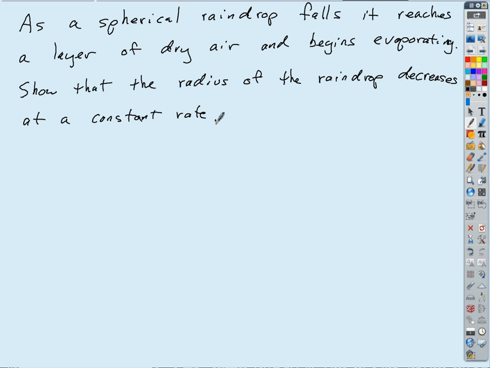Everybody agree that there's a lot more volume stored in that shell between 100 and 101 centimeters than there is between 1 and 2 centimeters? Everybody agree? Yeah. So it's not at all obvious that that should be the case.